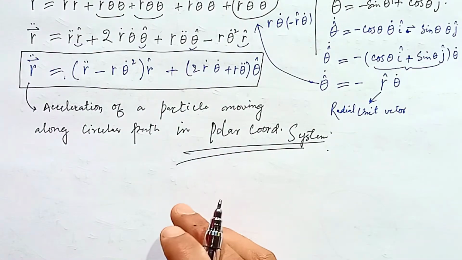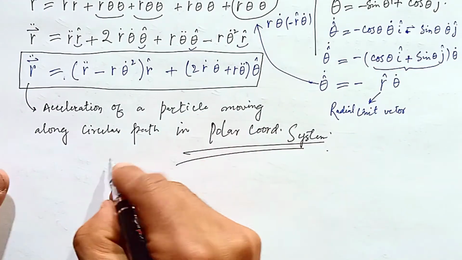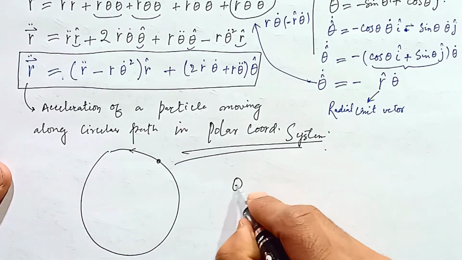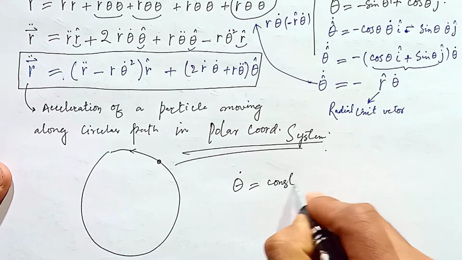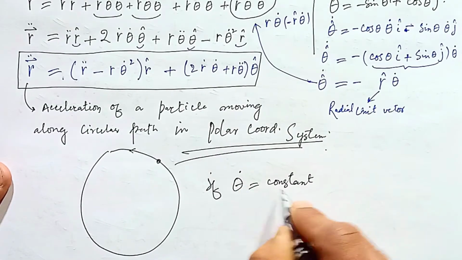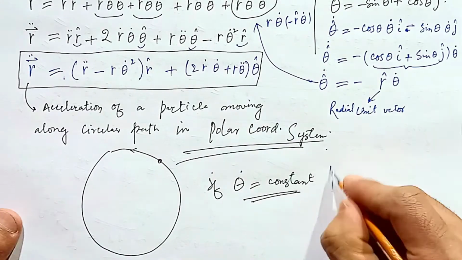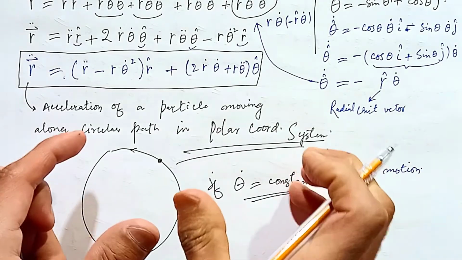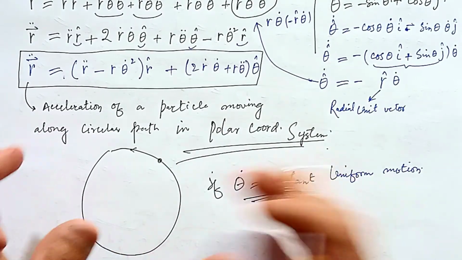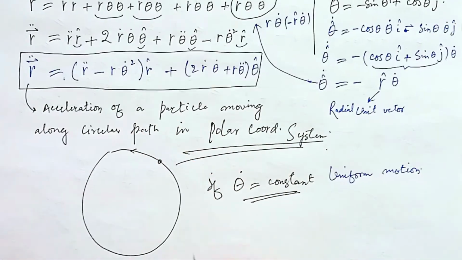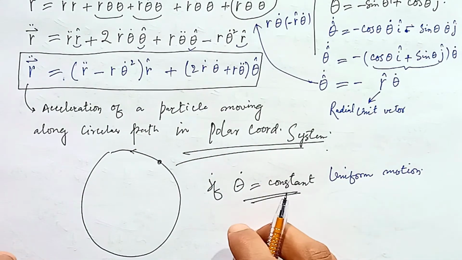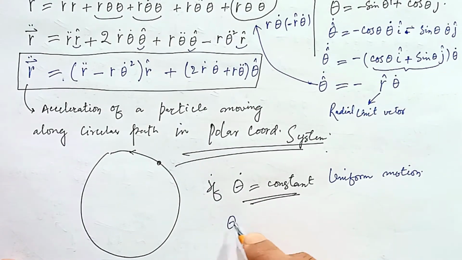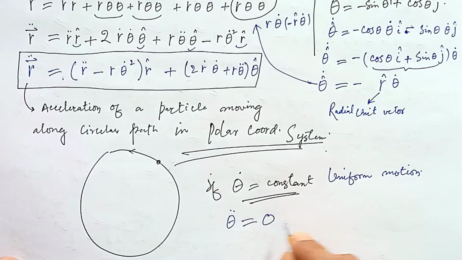Again, we can consider if the particle is moving along the circular path with a constant velocity, that is theta dot is constant, uniform motion, that is the magnitude of the angular velocity is kept constant. But that doesn't mean there isn't an acceleration, because there will still be acceleration, only theta double dot will be 0.